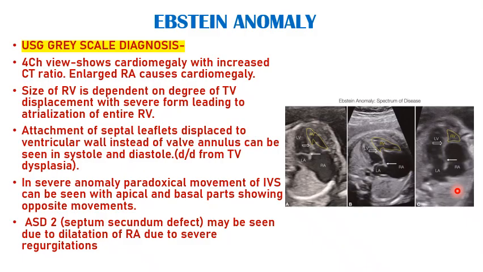In severe anomaly, paradoxical movement of the interventricular septum can be seen, with apical and basal parts showing opposite movements. ASD type 2, that is septum secundum defect, may be seen due to dilatation of the right atrium due to severe regurgitation.